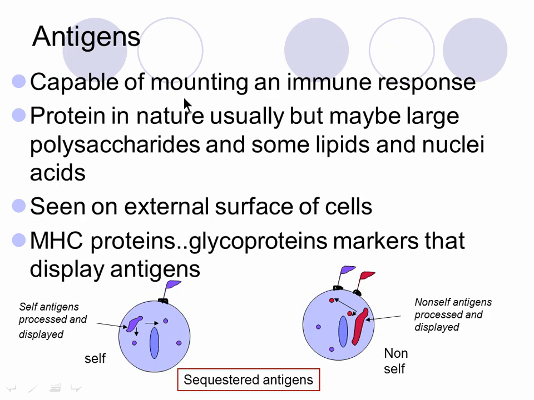Now let's define antigens. Antigens are substances which are usually protein in nature. Most of them are protein, but they may be large carbohydrates or polysaccharides, some lipids, and sometimes nucleic acids. And these are capable of provoking an immune response.